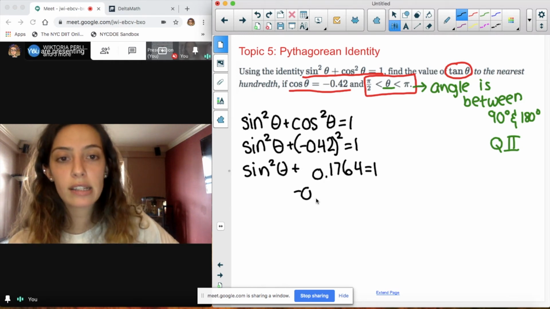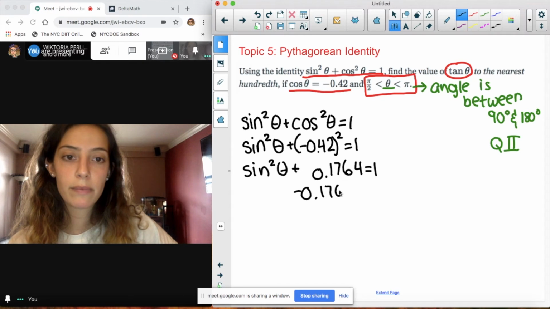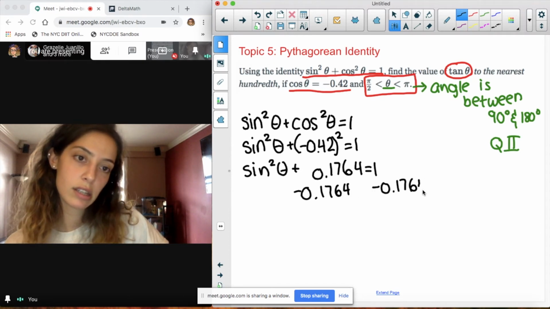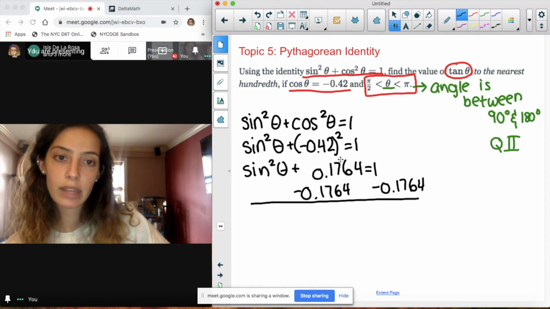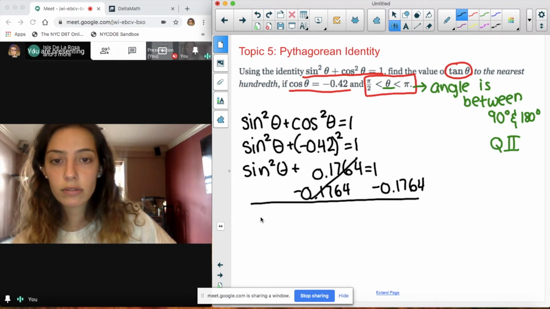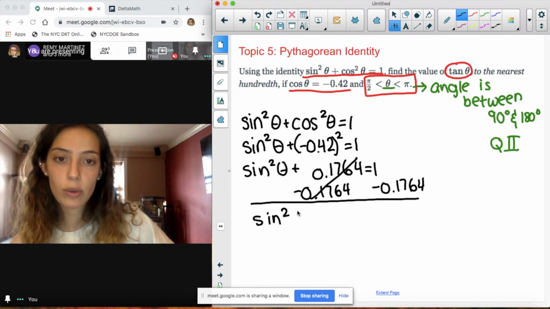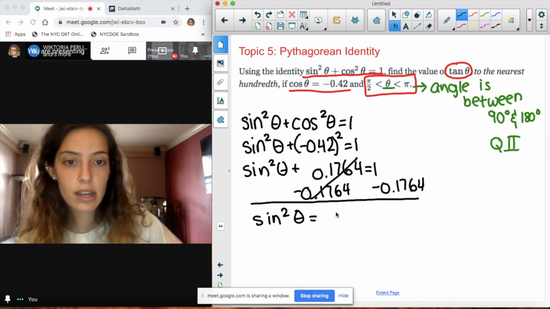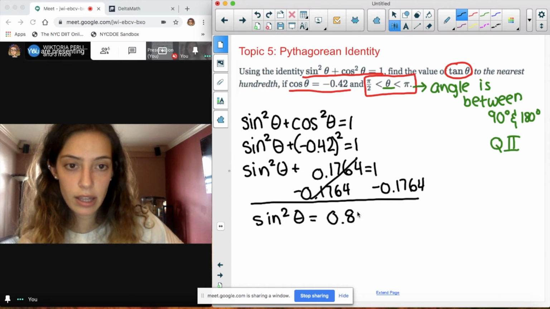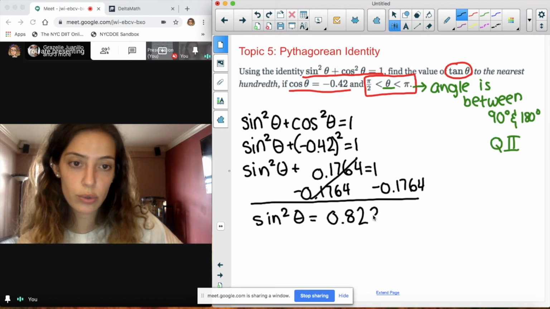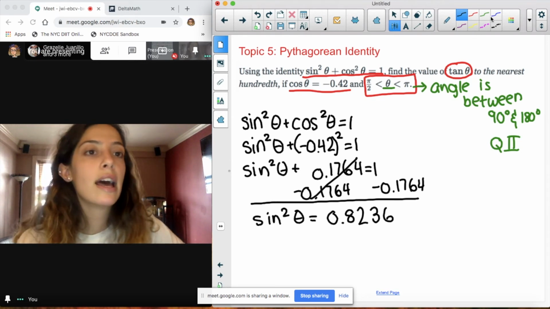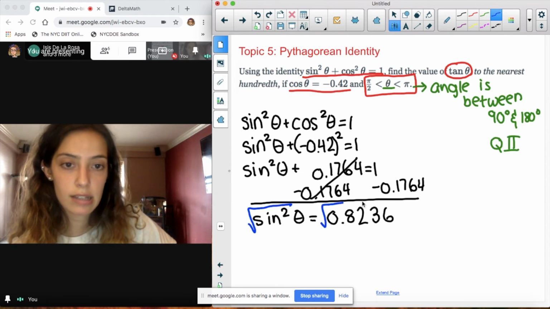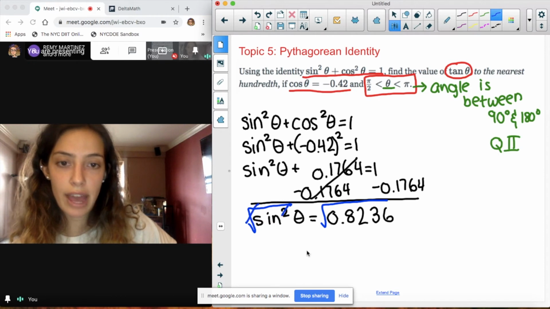So we subtract this on both sides. So minus 0.1764. This cancels out. We get sine squared theta equals 0.8236. And the last step would be to take the square root of both sides. So you want to get rid of that squared.